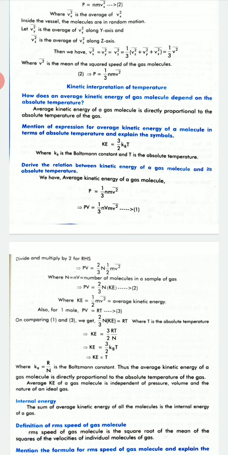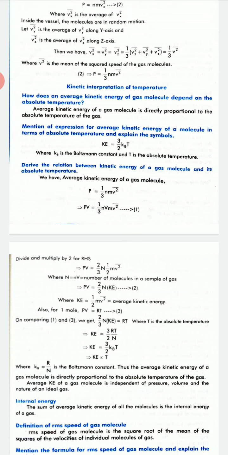Then you compare equation 1 and 3. We may write 2 by 3 N KE is equal to RT, because PV is equal to RT according to equation number 3. You compare with equation number 1.